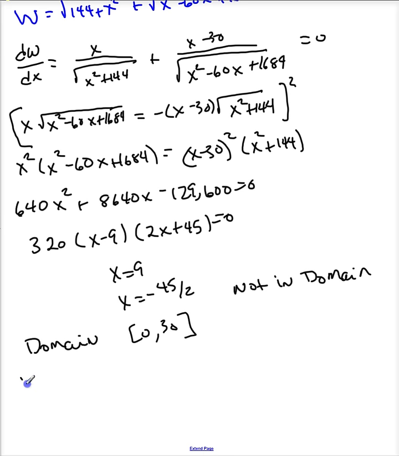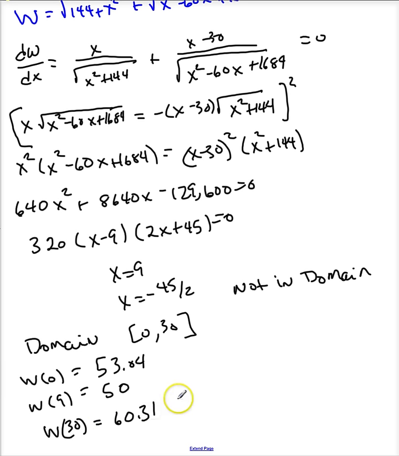I need to find w at 0. And w at 0 is an ugly mess, but it's about 53.04. W at 9, when I plug 9 in, I get 50. And then the length at 30, the other endpoint, is 60.31.